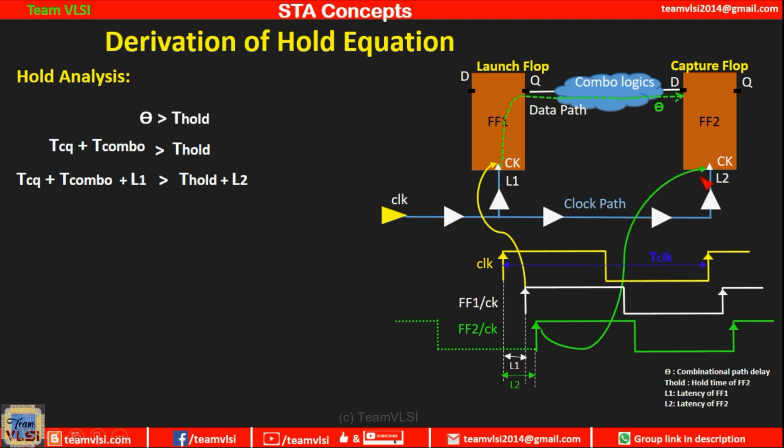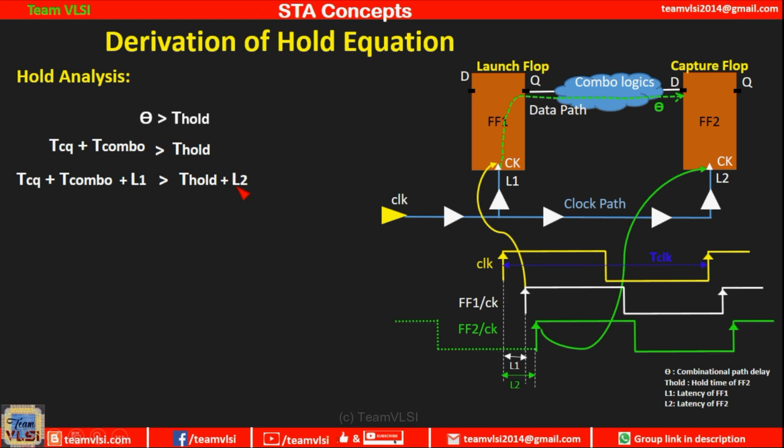But if it becomes late, it is problematic, and that is the hold uncertainty at this edge. So we need to consider the later uncertainty of this edge. If it comes earlier, there is no problem, but if it appears later, then we have to take care of that uncertainty, that is the hold uncertainty. So we have to add this hold uncertainty on the right hand side.